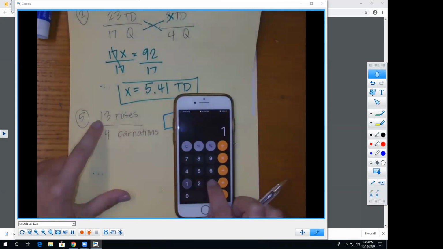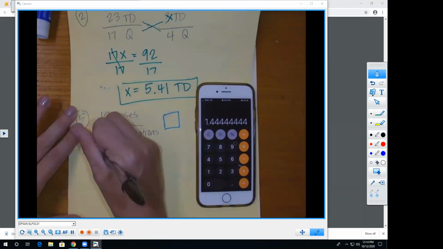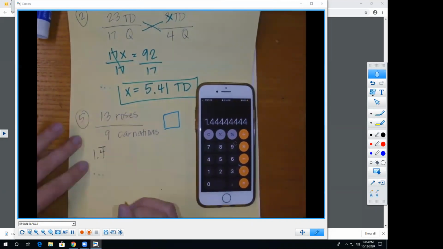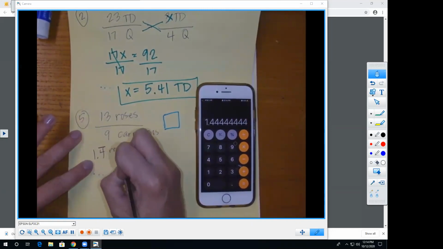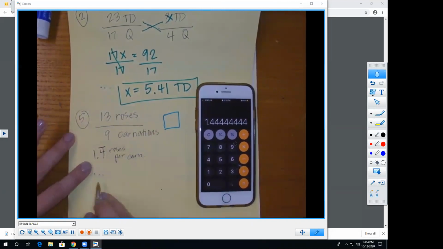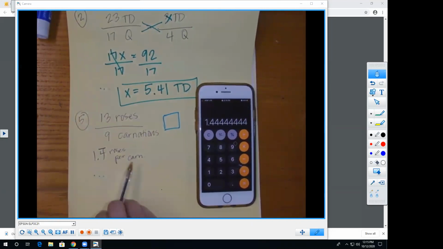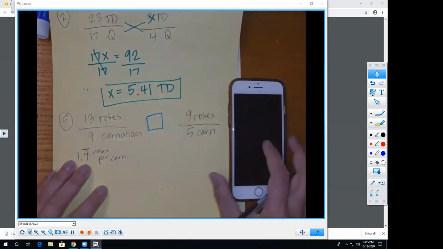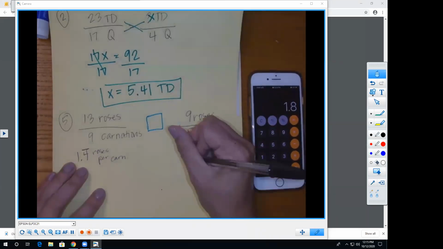So if I did 13 divided by 9, that's 1.4 repeating roses per carnation. So there's technically like 1.4 roses for every 1 carnation we have in this ratio. On the other side, 9 divided by 5 is 1.8.